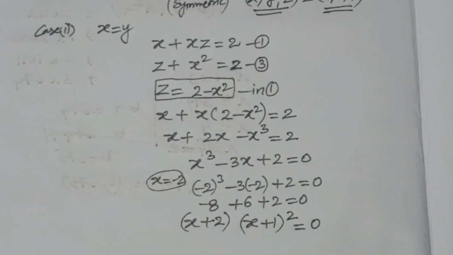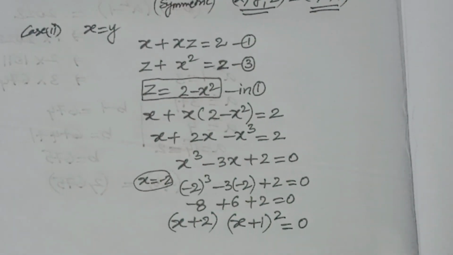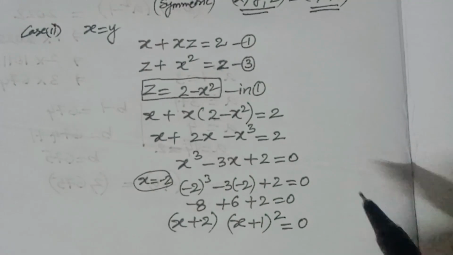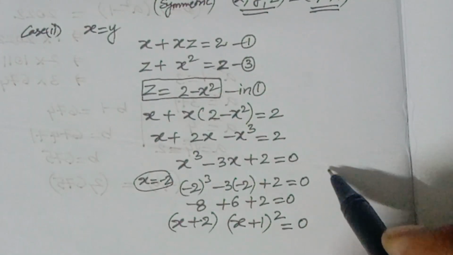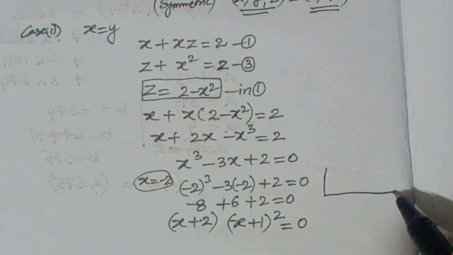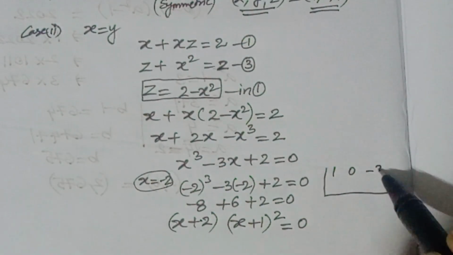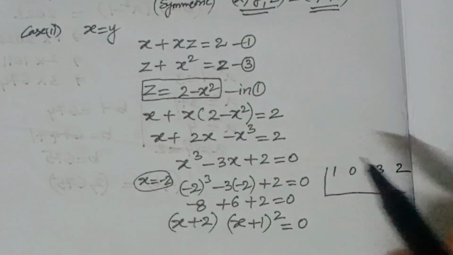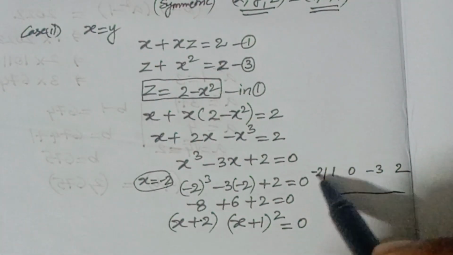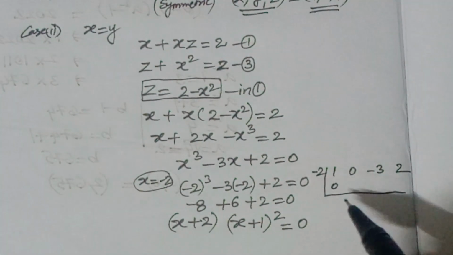You can solve this by Horner's method; I am doing that here in the short method. Here 1, 0, minus 3, 2. Minus 2 is the root, 0.